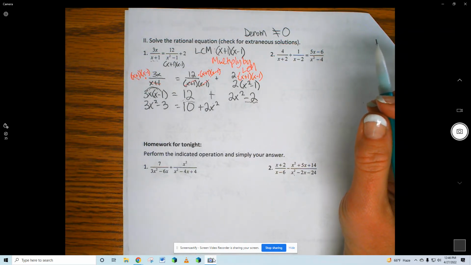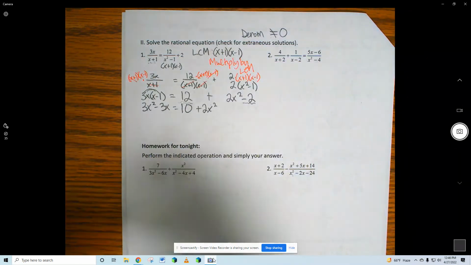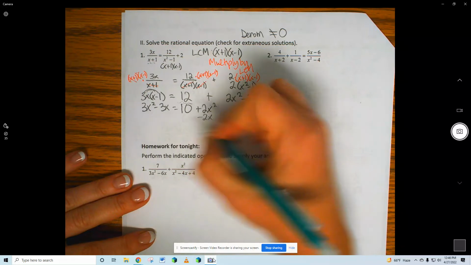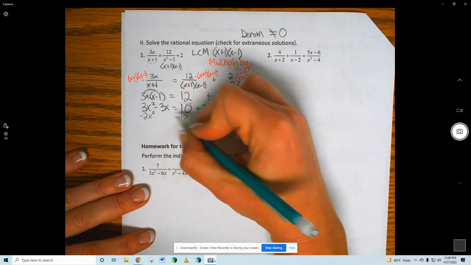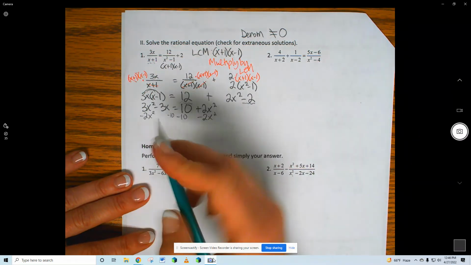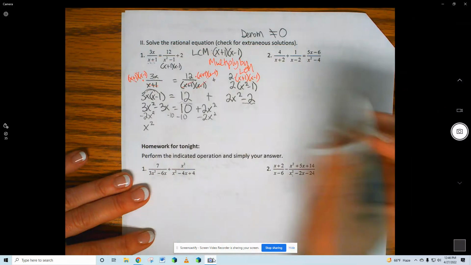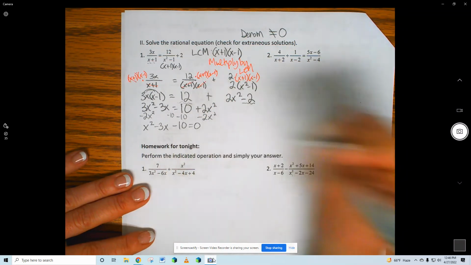Oh, minus 3x. Sorry. Okay. Bring everything over. All right. 3x squared minus 2x squared, x squared, minus 3x and then minus 10 equals 0.